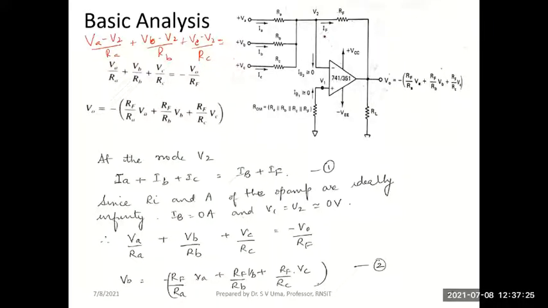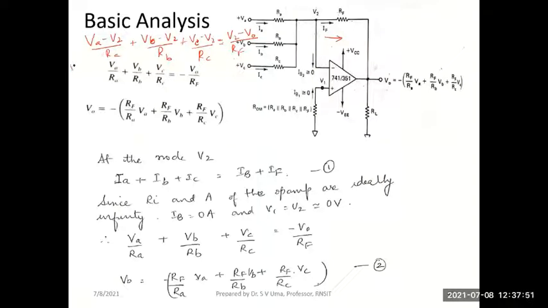So the current IF is in this direction. So I will have V2 minus, this end of RF is at V2 potential and this end of RF is at output voltage by RF.